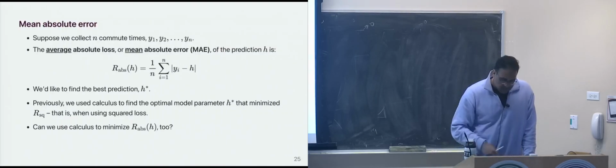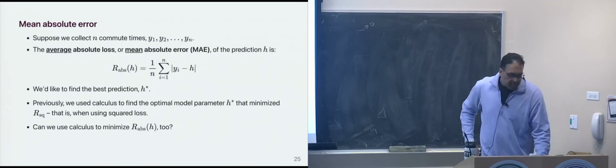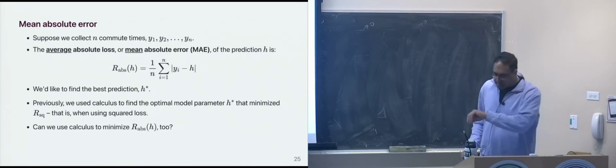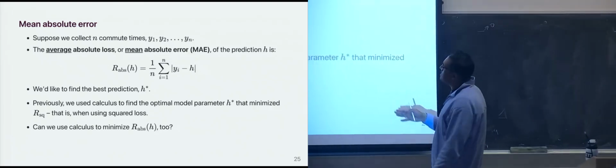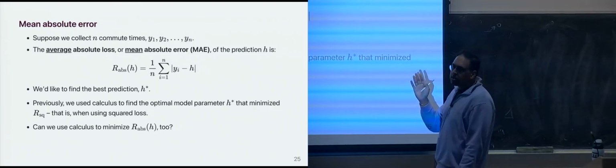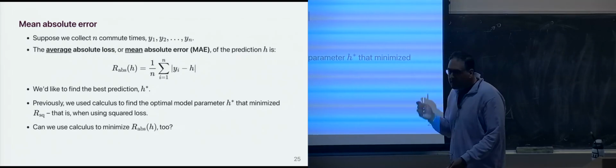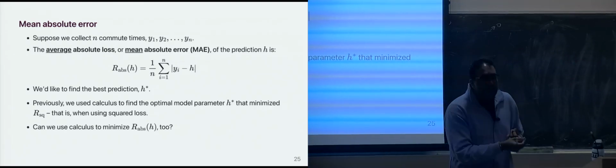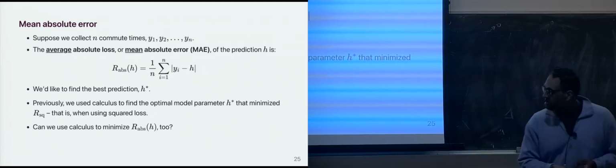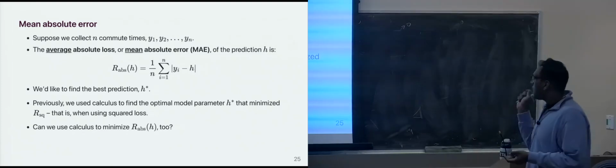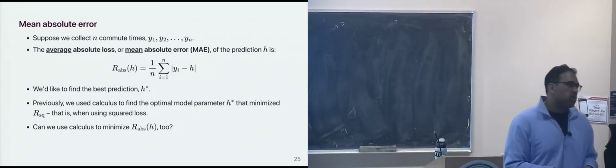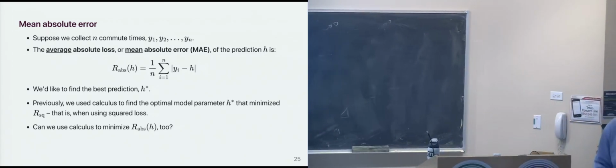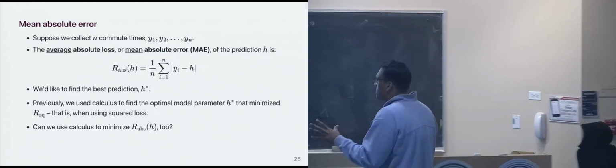All right. So what I want to do now is repeat the same 4-step process that I used several slides ago for squared loss, but with absolute loss. Okay? Again, the term average absolute loss and mean absolute error mean the same thing, and the more common term is mean absolute error, and that's what I'll use from here on out. But notice, it looks the same as mean squared error.